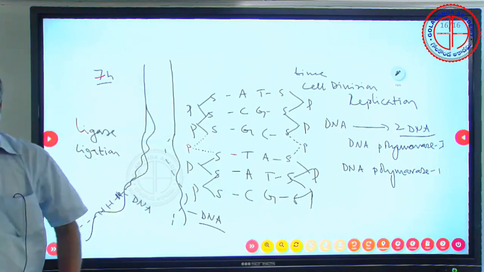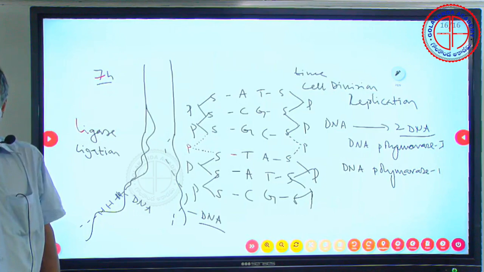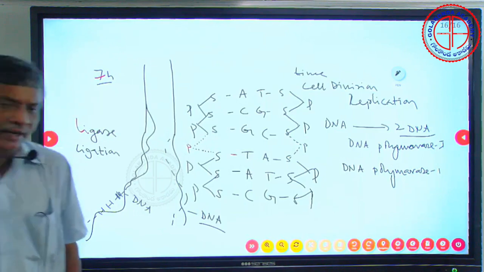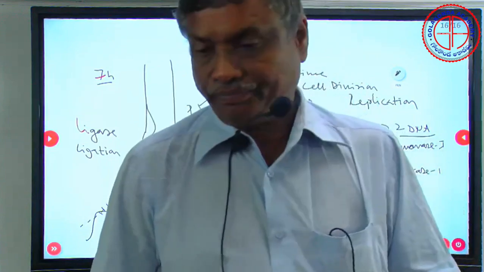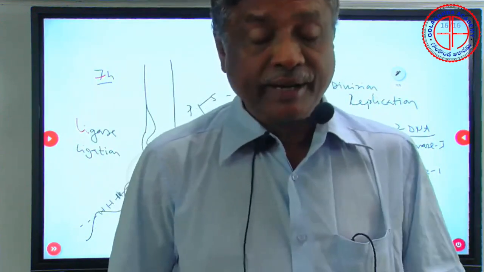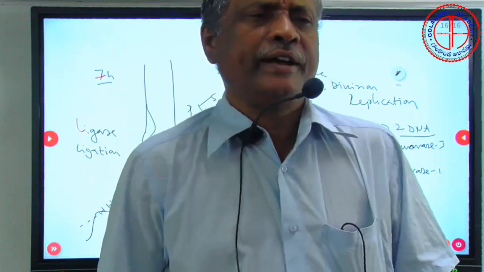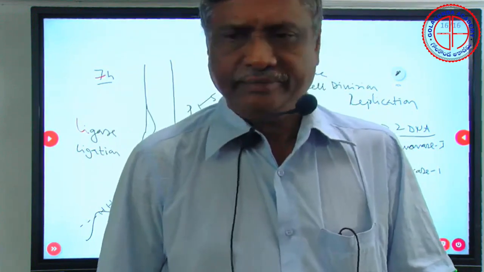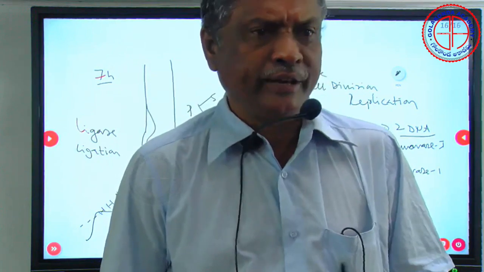Replication of DNA takes place in a semi-conservative method. Semi-conservation means half of the helical of the mother helical is conserved in the new DNA.